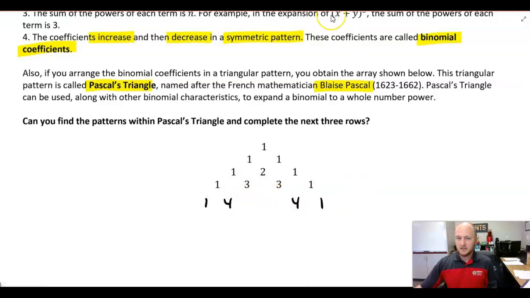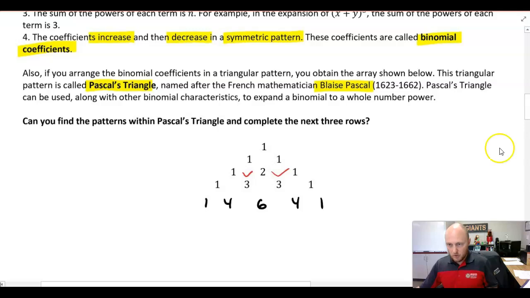The Pascal's triangle numbers in the interior are generated as a sum of the 2 numbers above them. So I have 1 plus 2 gives me 3, 2 plus 1 gives me 3. Here, 1 plus 3 gives me 4, 3 plus 1 gives me 4, and so this middle number is going to be 6.